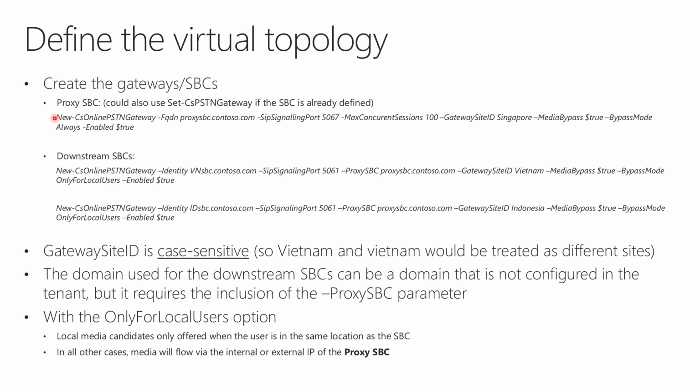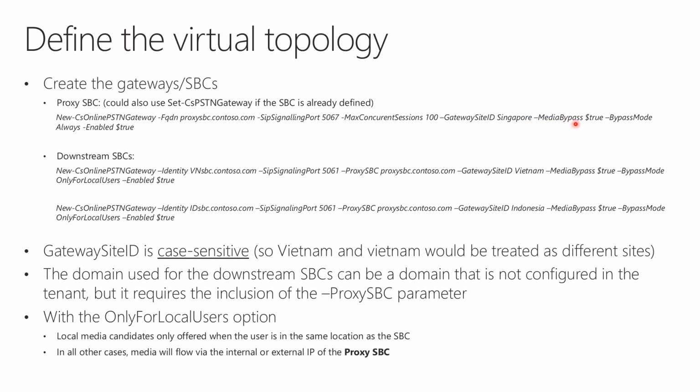We use the New-CsOnlinePSTNGateway commandlet. We give it the FQDN, the port that it's going to use for signaling, the max concurrent sessions, great thing to do, the gateway site ID, right? That's the matching site that we built, and this is case sensitive. So make sure that you match the case that you did here with the case that you did when you created the site, on the previous steps.